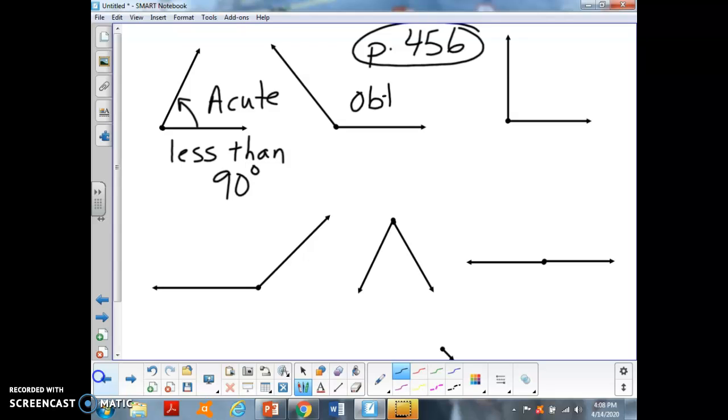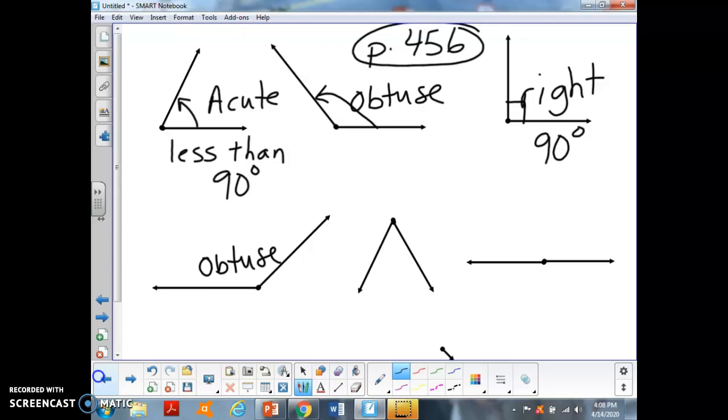This one is obtuse. Greater than 90. This one looks like a right angle. It's got the box we can fit. 90 degrees. Maybe you guess what this one is. This one is obtuse.